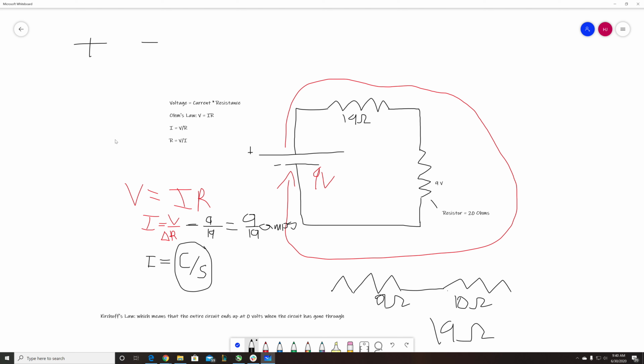So what happens in a current is that there are actually electrons moving through it. That's the key point, and that's why it's coulombs per second, because electrons actually have a value as they go through the circuit.